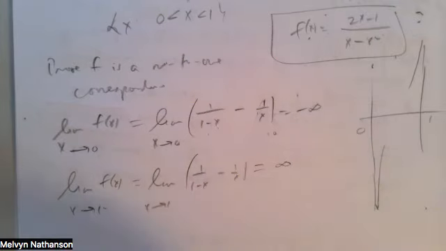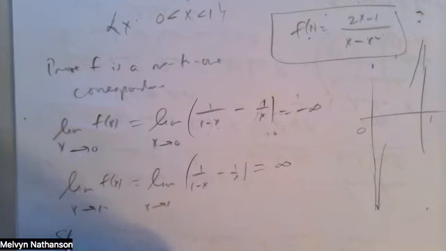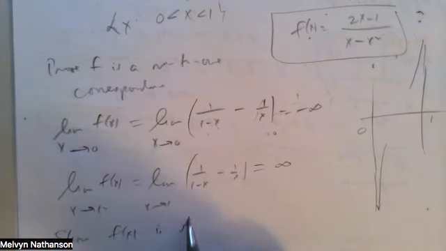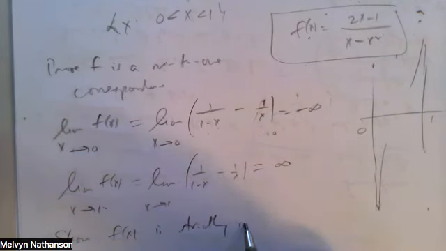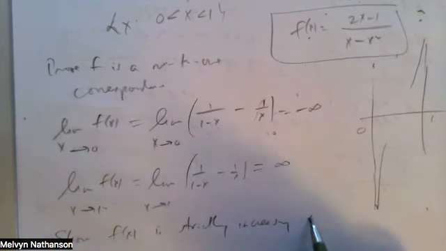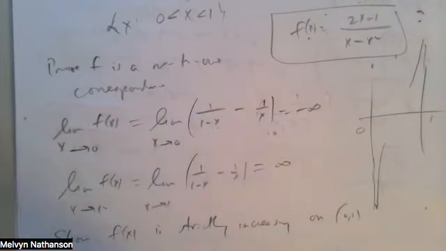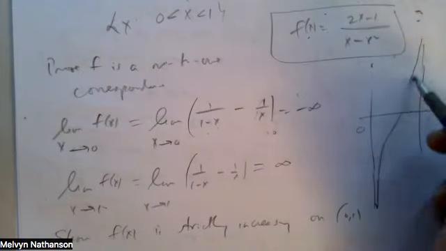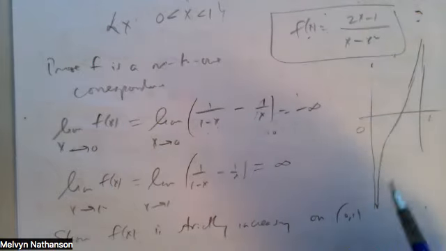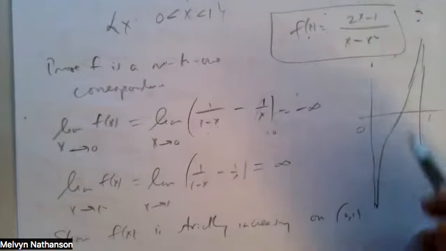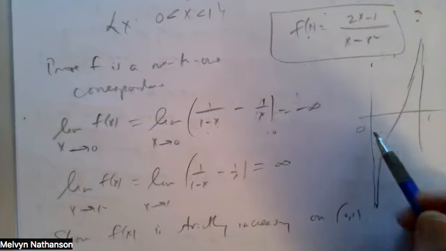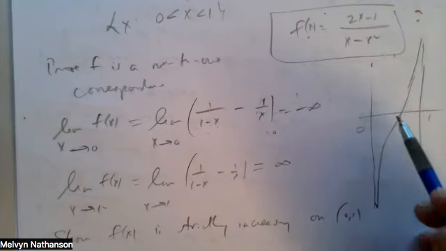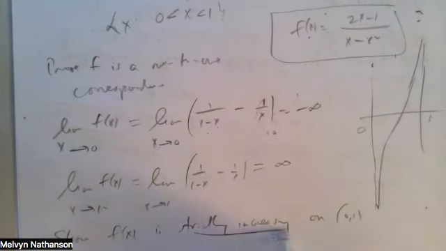To show this function is one-to-one, it's enough to show f of x is strictly increasing on the interval from 0 to 1. If it's monotonically increasing, then it's definitely one-to-one. And since it goes to plus infinity as you approach 1 and minus infinity as you approach 0, it's a one-to-one and onto mapping.